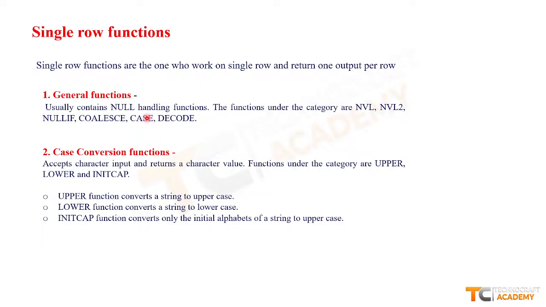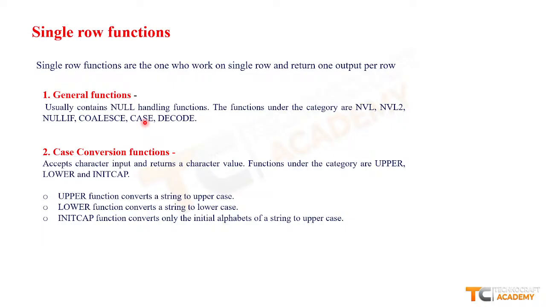Okay, and we also have CASE and DECODE. So let's check all these functions. CASE is one of the most used functions; everywhere we come across CASE. And DECODE is like replacing or renaming specified column values. And CASE is for when you want to provide some conditions and get results based on them.